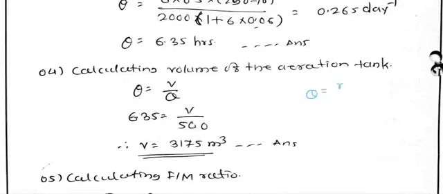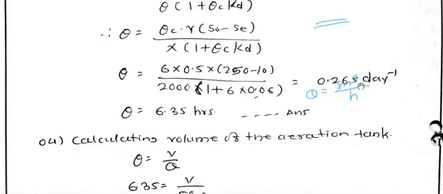which is mentioned in meter cube per hour. No need to convert, because we already have the value of theta in terms of hours that we calculated. So don't take the value from the calculations, 0.265, because we converted it into time in hours.